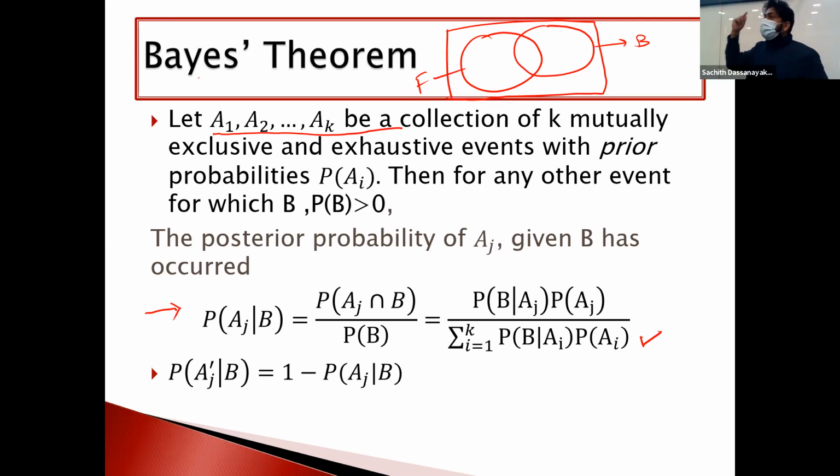But j mentions a specific one, like 2, 3. Clear? You will understand this more when we do examples. I think we have two examples, so you will understand that. So don't confuse i's and j's. J means just one value.